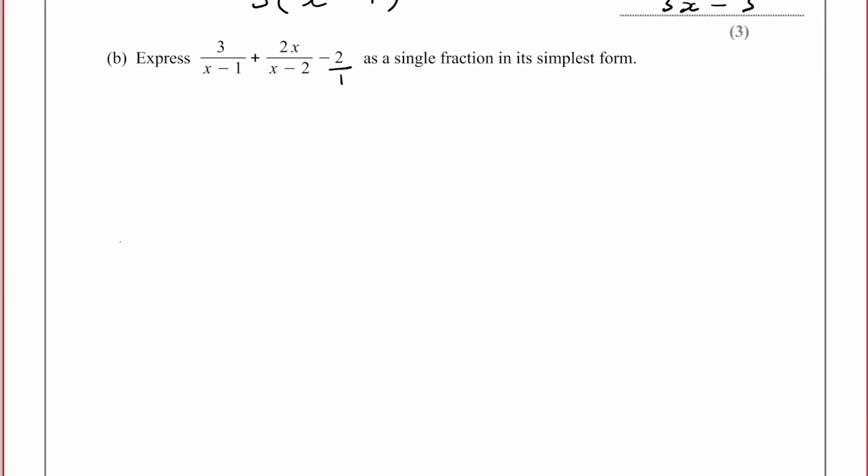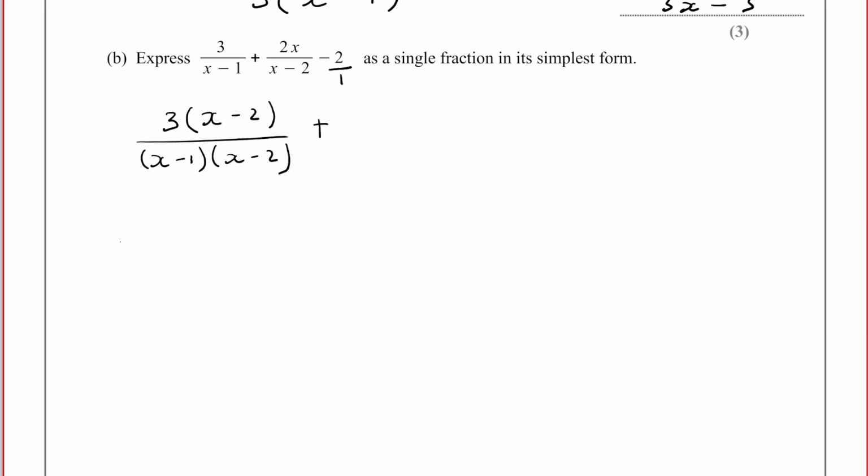And the 2 is a fraction as well. We'll start with 2 over 1, and we're going to make the denominator of that (x minus 1) times (x minus 2) as well. So for the first fraction, we need to times top and bottom by x minus 2. So 3 times (x minus 2) over (x minus 1) times (x minus 2).